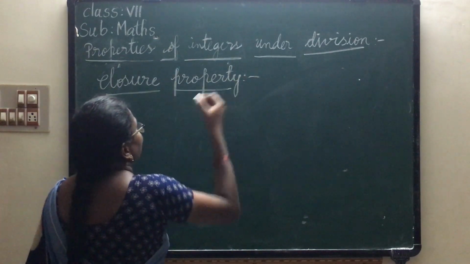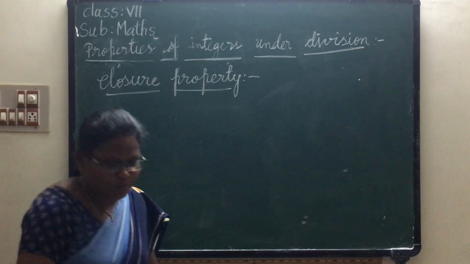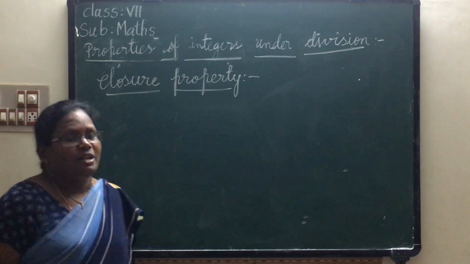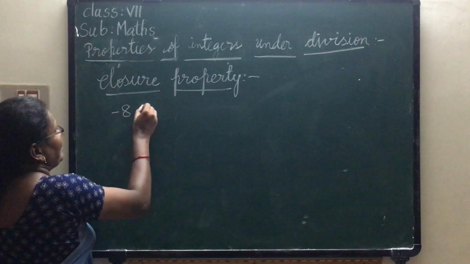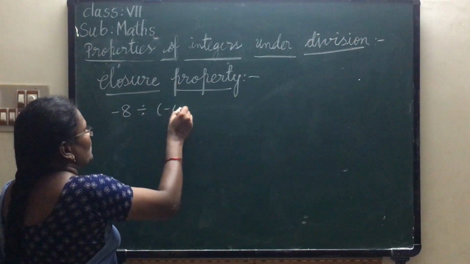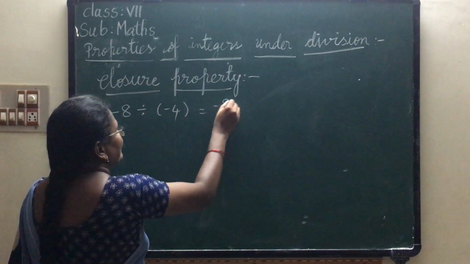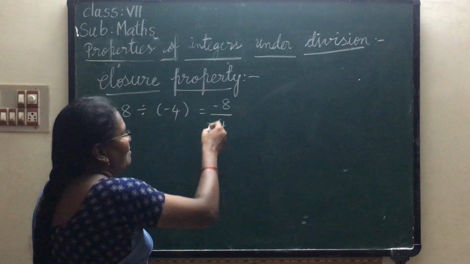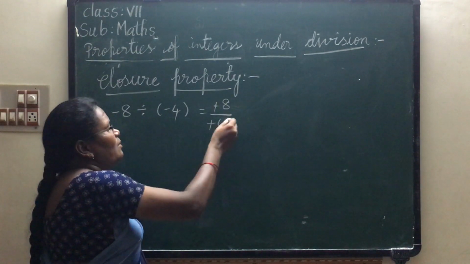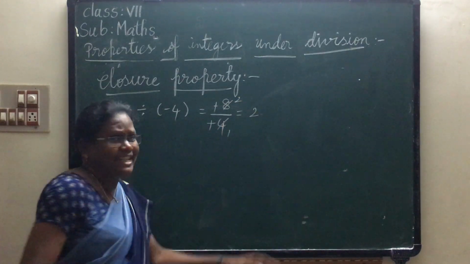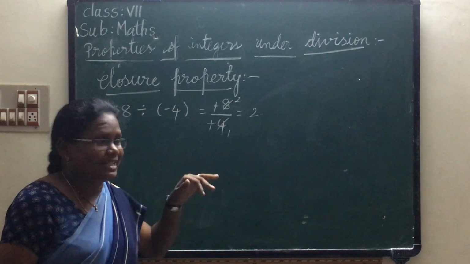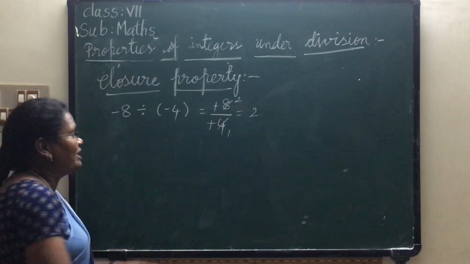First property is what, children? Closure property. Minus 8 divided by minus 4 is equal to how much? Minus 8 by minus 4: minus into minus is plus. 4 ones are 4, 4 twos are 8. This is 2. Is 2 an integer? Yes, 2 is an integer. Now we will see one more example.